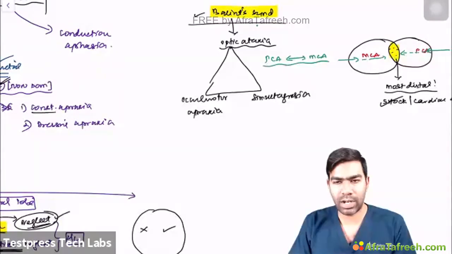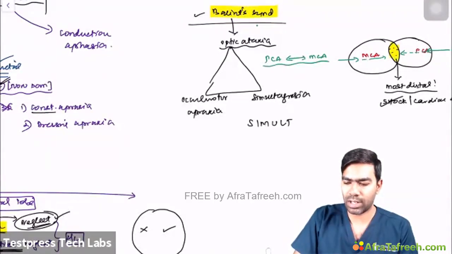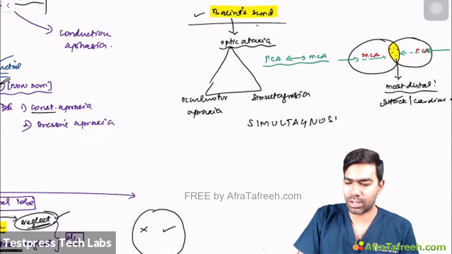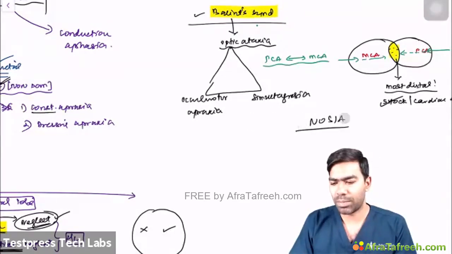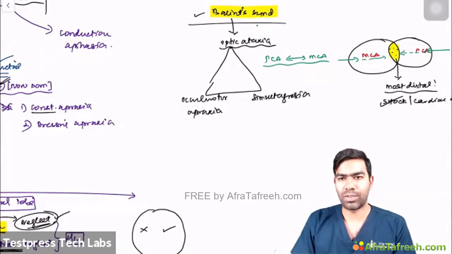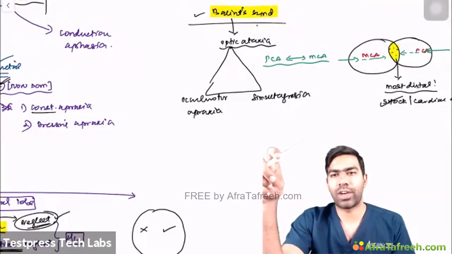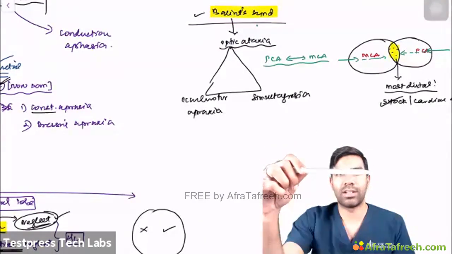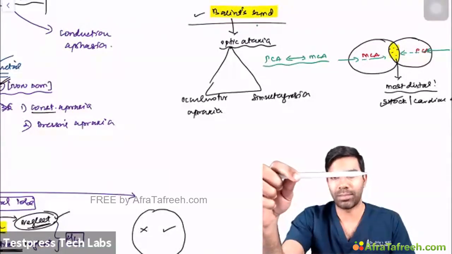And you have something called simultagnosia. So if you want to know the spelling, what I have written, that is simultagnosia. You know that the name tells it's agnosia, and the previous part tells it's simult. So what do you mean by simultagnosia? If you ask these patients to identify what is this, if you show this and ask them, they will tell, okay, this is a pen, this is a pencil.